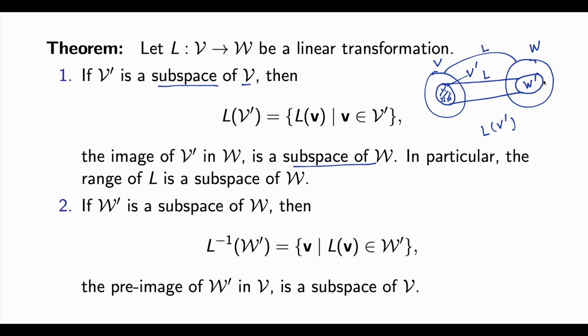Then we can say that this W dash is a subspace, which is the image of V dash under L.